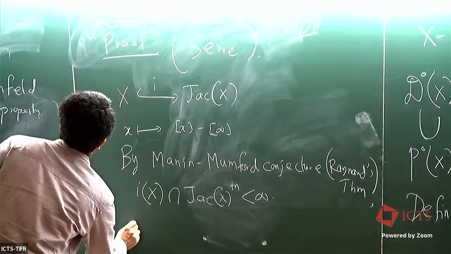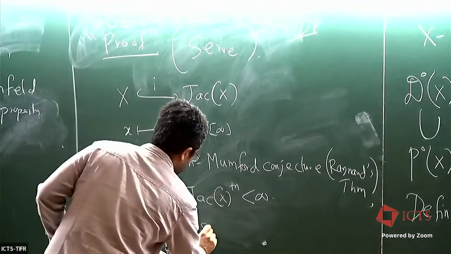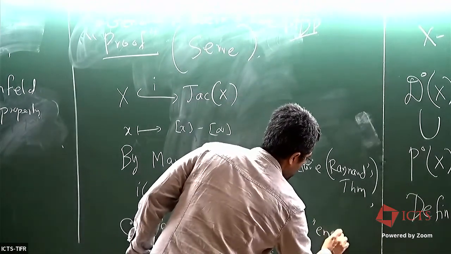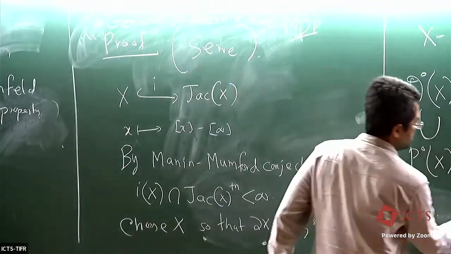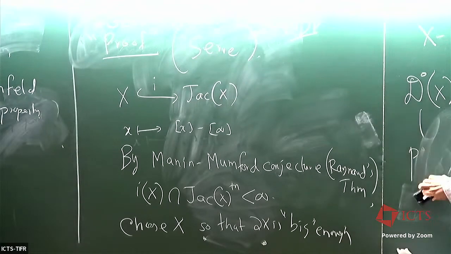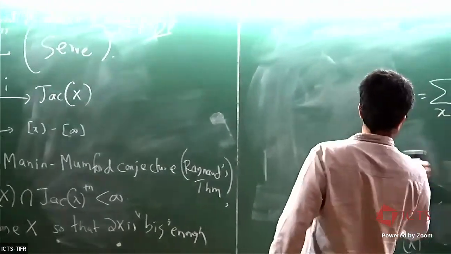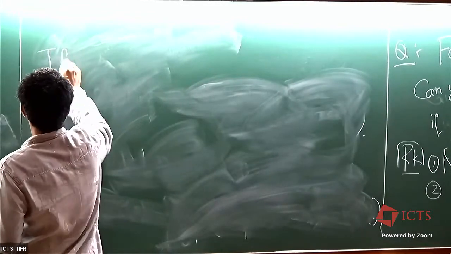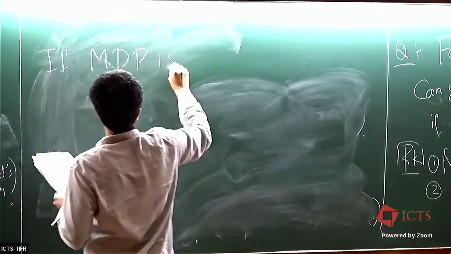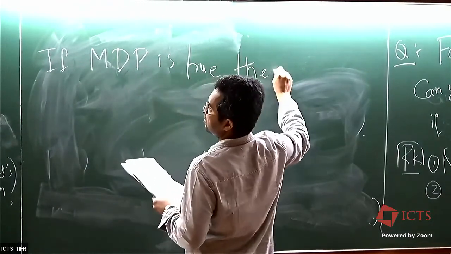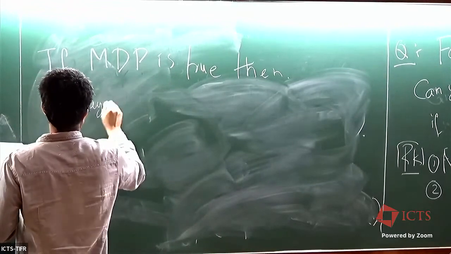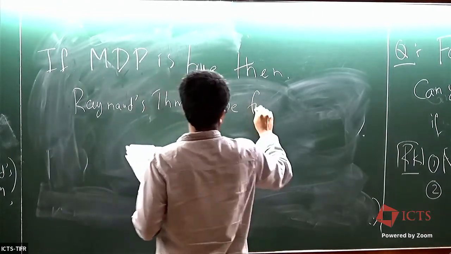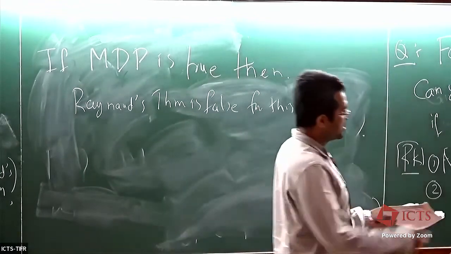So now you have to choose X so that the genus of X is big enough, so if it is true, then this theorem is false for this X. So you cannot have this Manin-Drinfeld property true for all X.